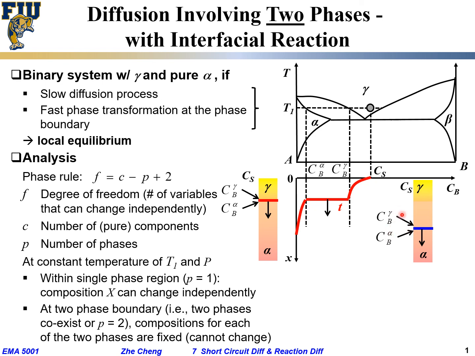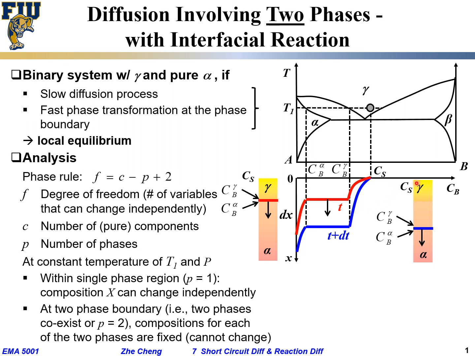But then if we're going to plot the concentration profile again across the material, now let's see if this makes sense to you. The blue one. Very far away from the interface, deep in gamma, the concentration starts still at CS, right? And then goes continuously to the interface.